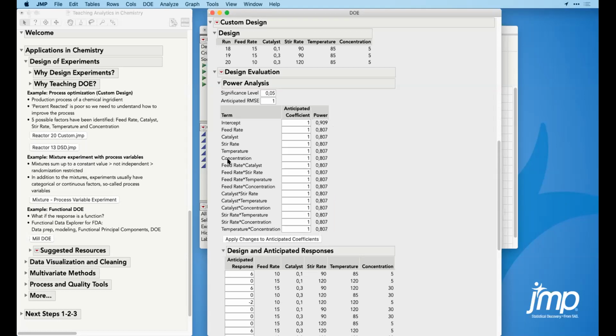So if concentration would be really active and have an effect on percent reacted, with this experiment, we would have an 81% chance to confirm this. And the other way around, we would also have a 19% chance to miss concentration in our result as an active effect. So that would be the bad side, the mistake.